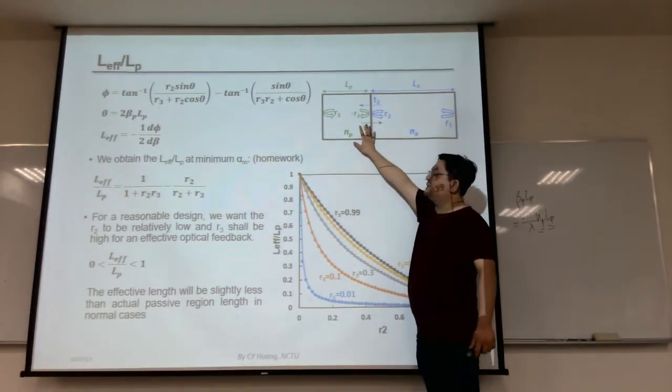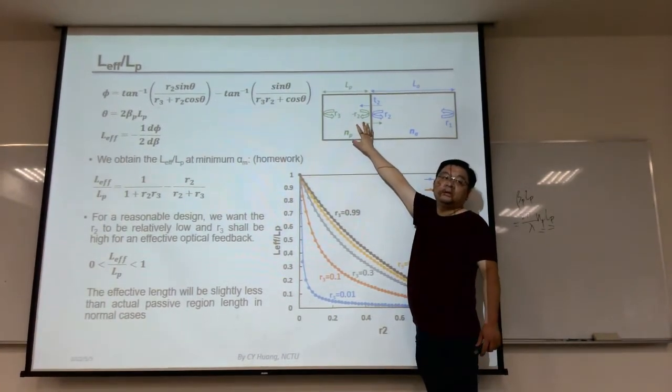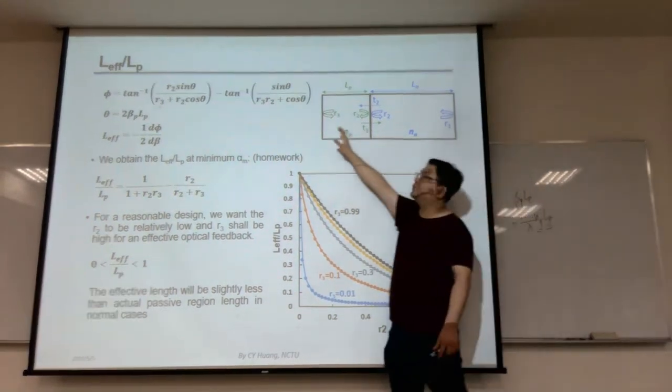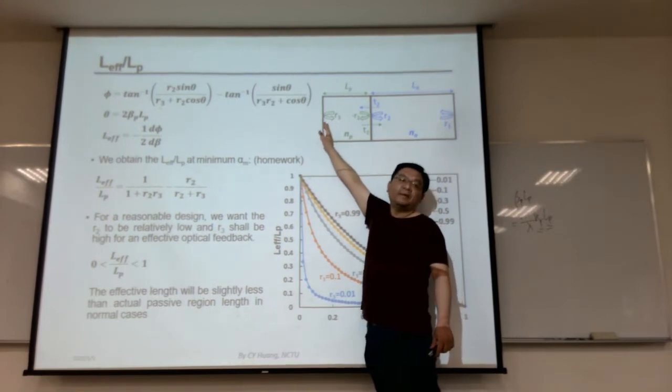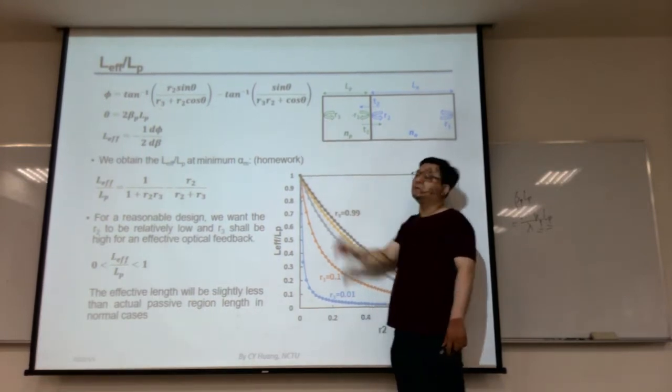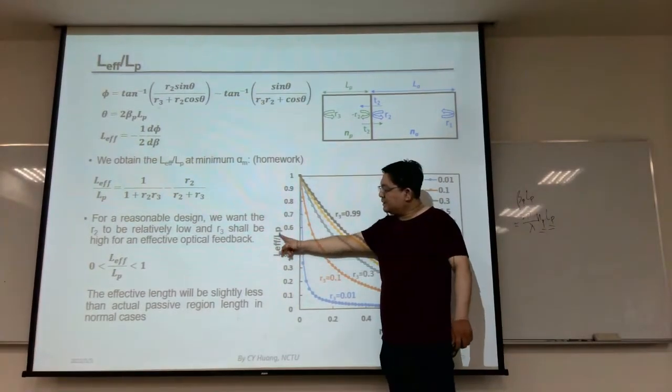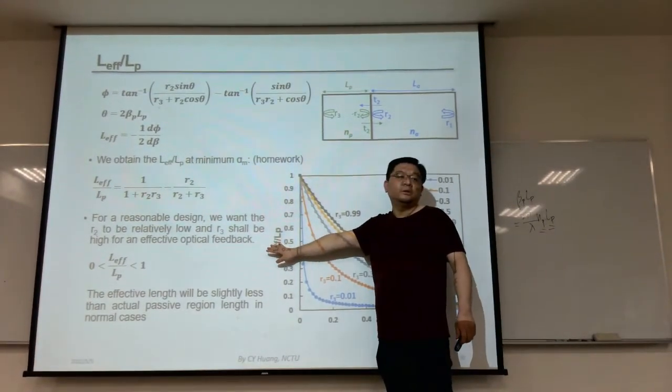That means it has a stronger diffractional effect on the active region, because more light has feedback at the final interface. So the effective length will be longer.